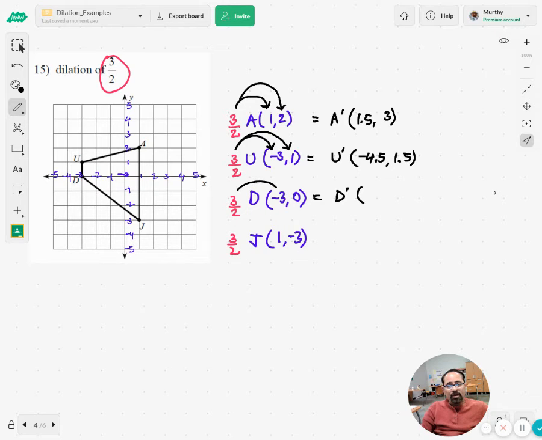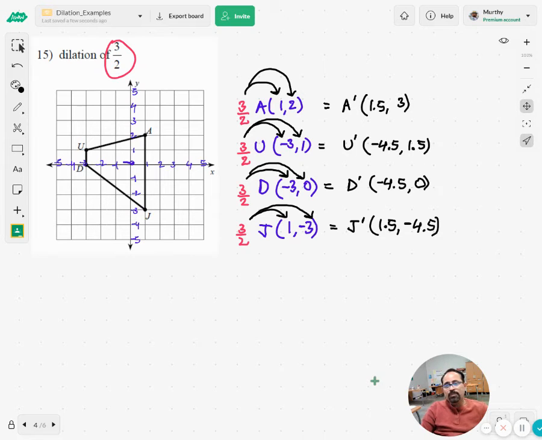Now, 3 times negative 3, already we multiplied earlier, gives me negative 9 over 2, negative 4.5. 3 times 0 is 0, and 0 divided by 2 is 0. Next, 3 times 1 is 3, divided by 2 is 1.5. 3 times negative 3 is negative 9 over 2, because everywhere there is a denominator 2. So that gives me negative 4.5.